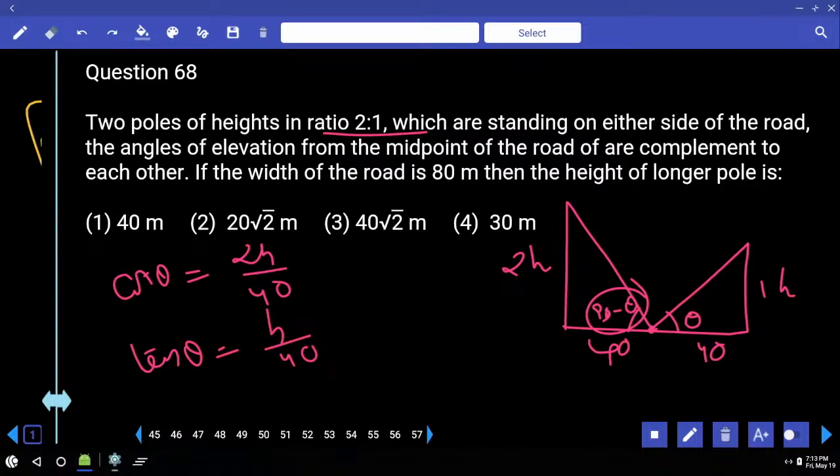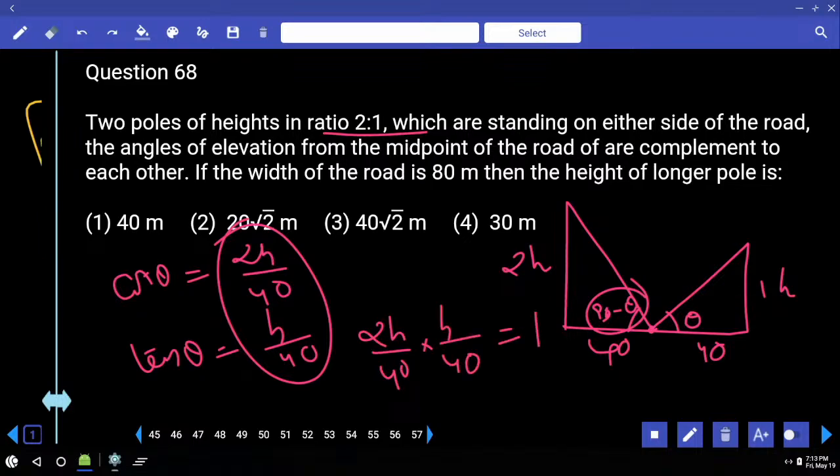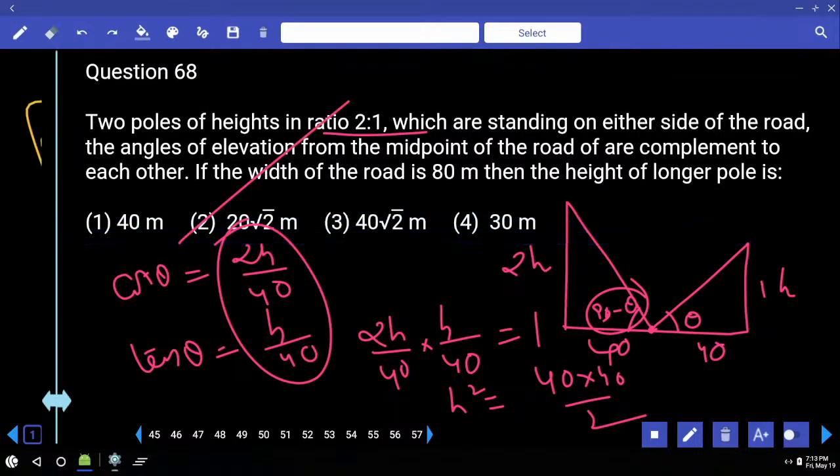If we multiply both of these equations, we get cot theta into tan theta is 1. The product of this is 2h by 40 into h by 40 is equal to 1. Therefore, h square equal to 40 into 40 by 2. h equal to 40 by root 2, isn't it? 40 by root 2, nothing but 20 root 2.